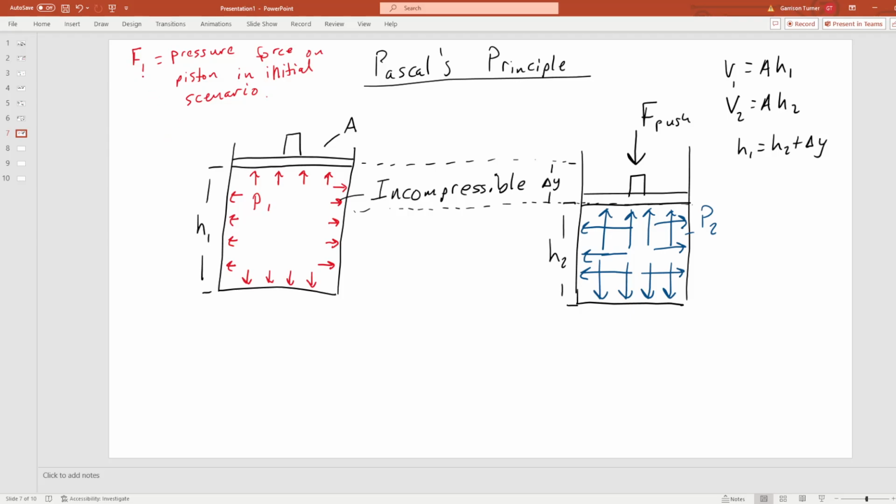Now, we could find F1 if we knew the total surface area with which the pressure was exerting forces, but we're really interested in the pressure. So ignore this F1 here. What we're really interested in is this change in pressure. And Pascal's principle says that this change in pressure occurs everywhere in the container.